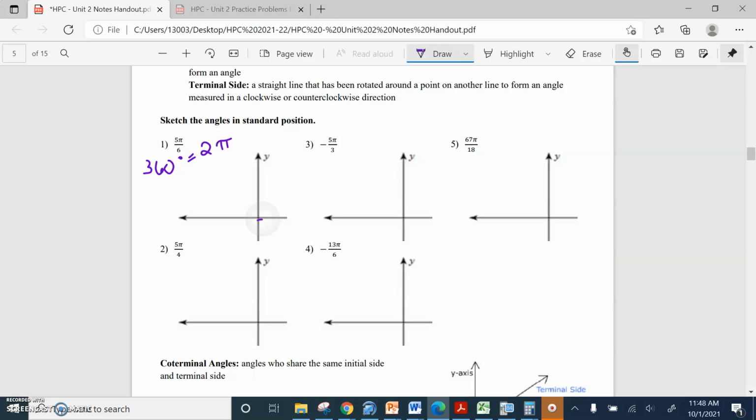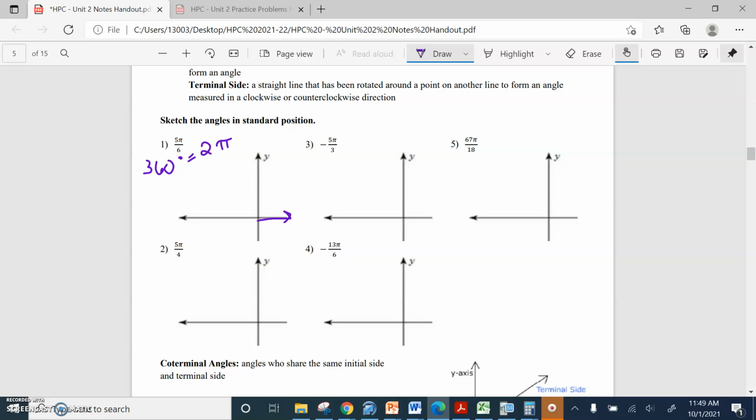I'm going to start with my initial side, right here. For 5 pi over 6, the way I always try to look at these is breaking them down into either 1 pi or 2 pi chunks. So 5 pi over 6 is just shy of 6 pi over 6, which would be 1 pi. 1 pi would be halfway around the circle.